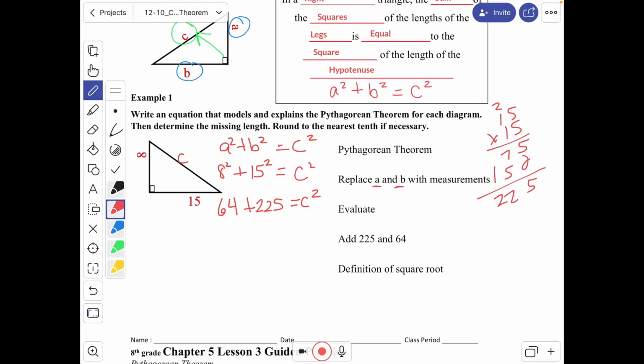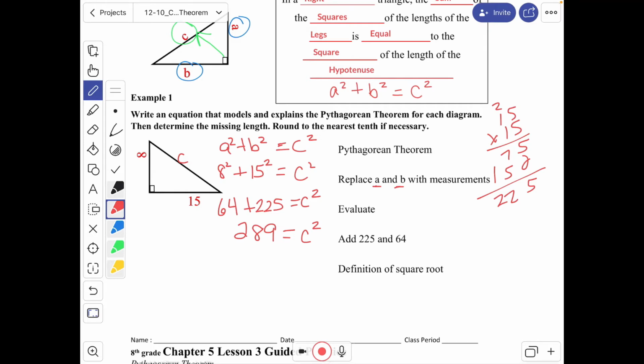And then I'm going to put 64 plus 225 together, which is 289, still equal to c squared. Notice my equal signs are somewhat straight. They're in a line, one after the other.